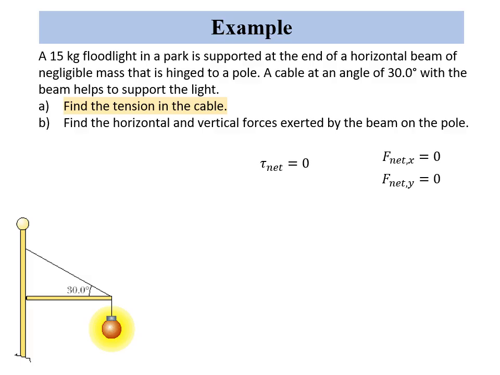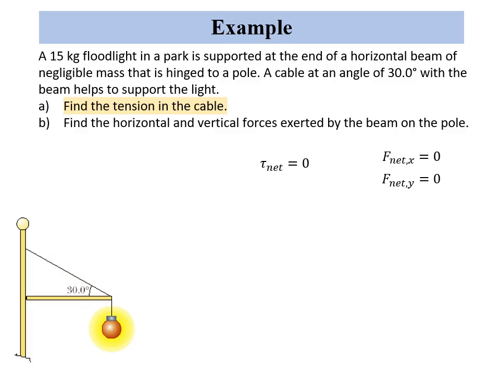In this problem, we were told that there is a floodlight which has a mass of 15 kilograms. So there's a gravitational force on the floodlight that is attached to a rope which is connected to a beam. The mass of the beam is negligible, which tells us we don't have to take into account the gravitational force on the beam. And then there's a rope that is supporting the floodlight that is going at an angle of 30 degrees.